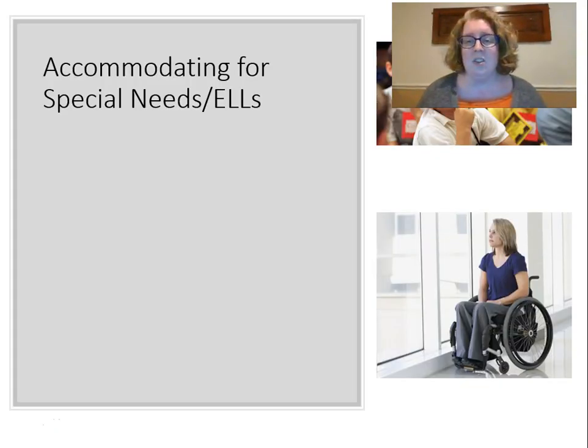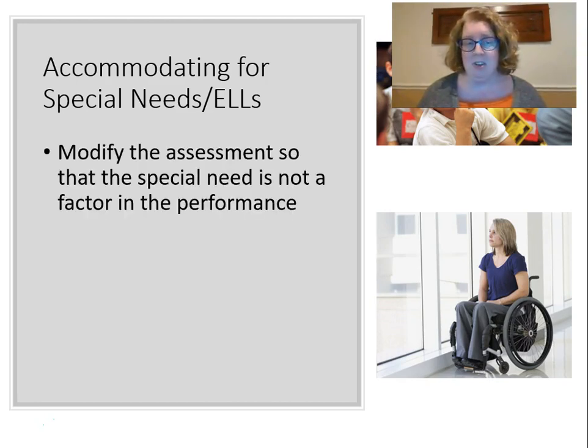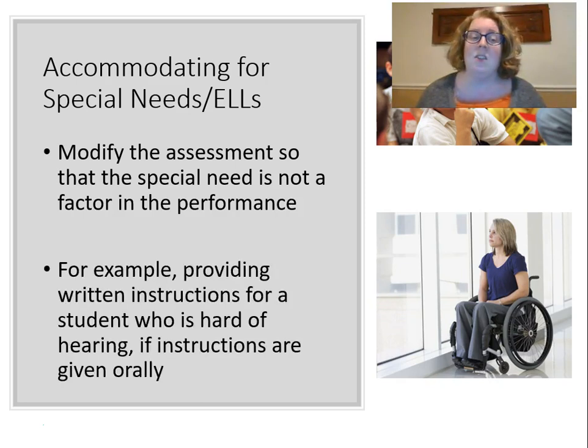This also leads us to accommodations for students with special needs and English language learners. We want to modify the assessment so that the special need or language background is not a factor in the performance, as long as that doesn't interfere with the construct itself. So we're going back to these issues of validity. Providing written instructions for a student who is hard of hearing would be an appropriate accommodation if those instructions were only given orally, right?